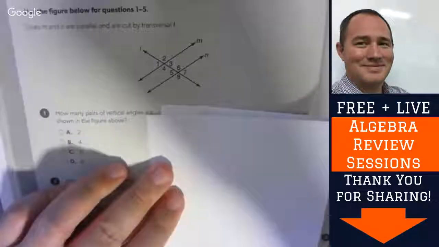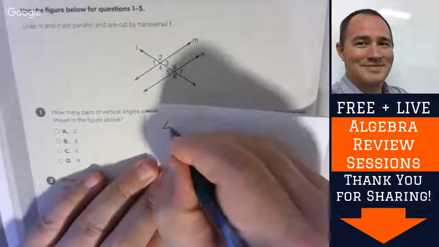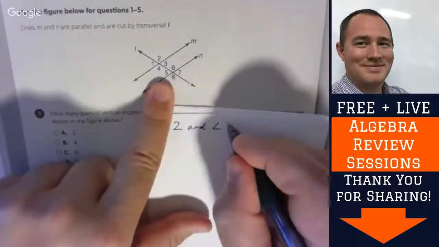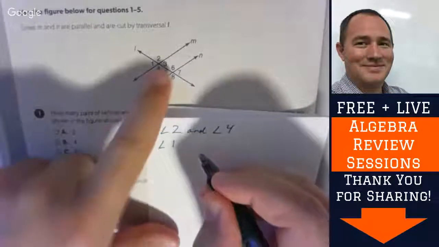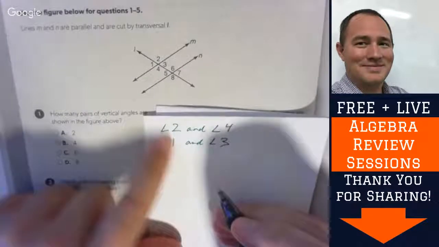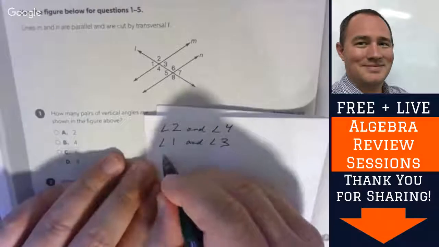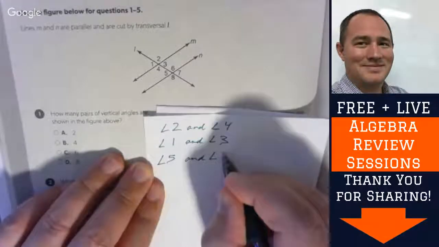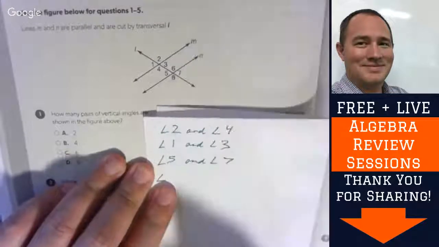Remember, vertical angles would be like angle 2 and angle 4, angle 1 and angle 3, angle 5 and angle 7 are vertical angles, and finally angle 6 and angle 8.